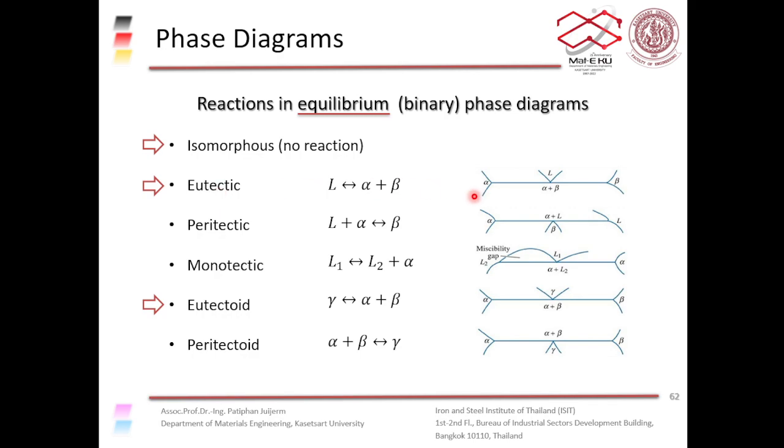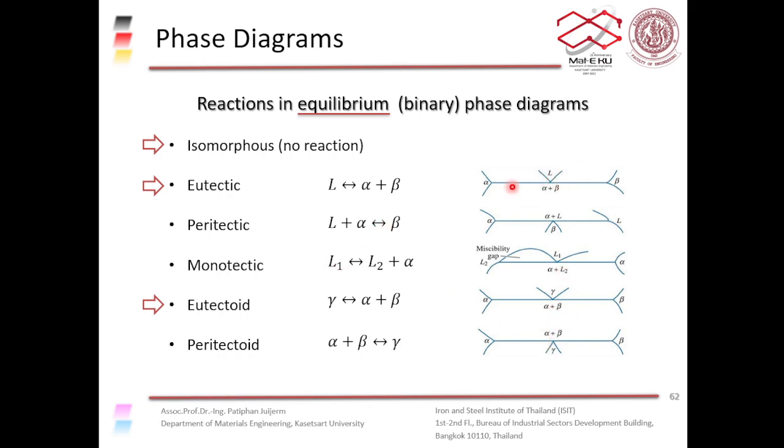For eutectic reaction, you have the liquid phase turning into two new phases. For the eutectoid reaction, you have the gamma phase in this case turning into alpha plus beta phase. Right? So solid number one turning into solid number two and solid number three. Right? So it looks really similar.